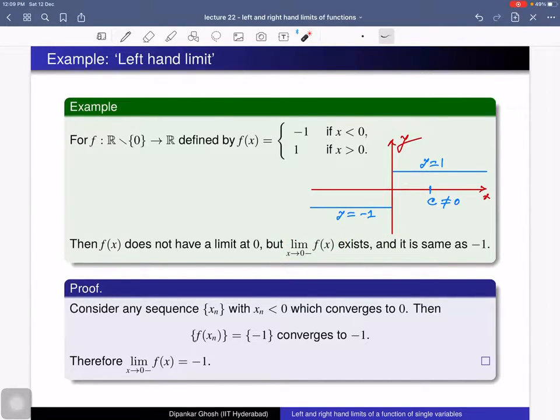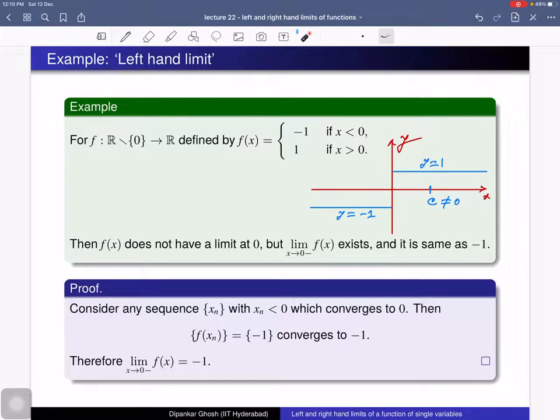Why? Because you consider any sequence which is on the negative side of the x axis, and suppose this sequence converges to 0. Then we just need to prove that f of xn converges to some fixed point. Okay. So I claim that in this case this limit exists and it is the same as minus 1.